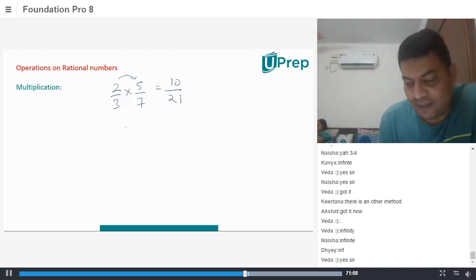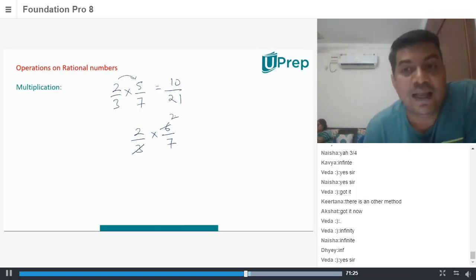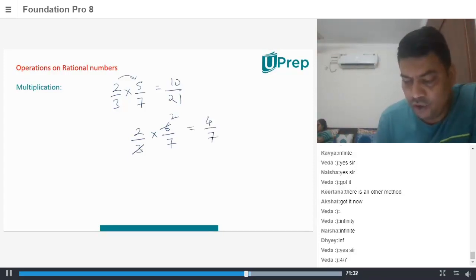So in case you have something like 2 by 3 multiplied by 6 by 7. When you have a common factor, can I cancel these two common factors like this? Yes, sir. It can be 4 by 7. So basically it will be 4 by 7. The reason for that is very simple.